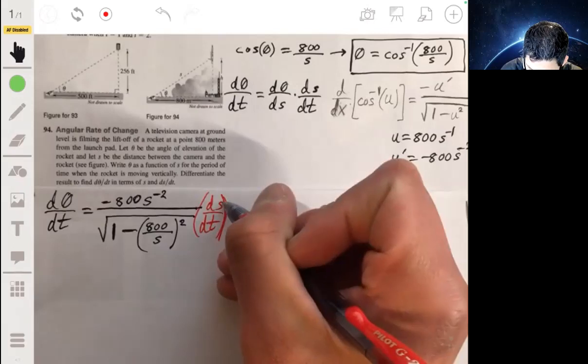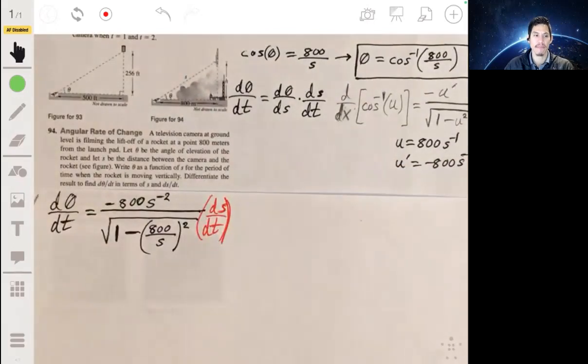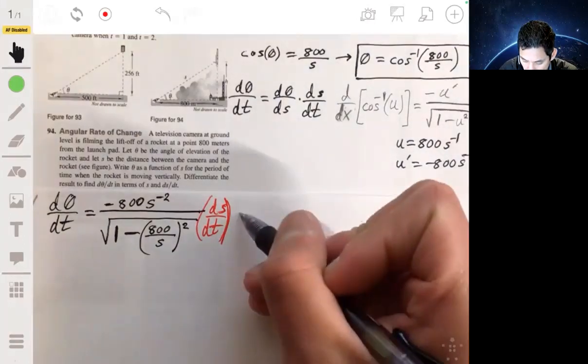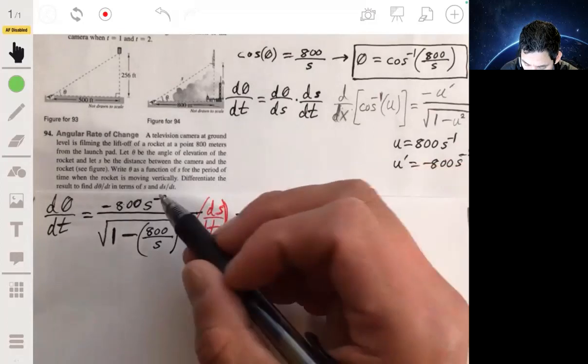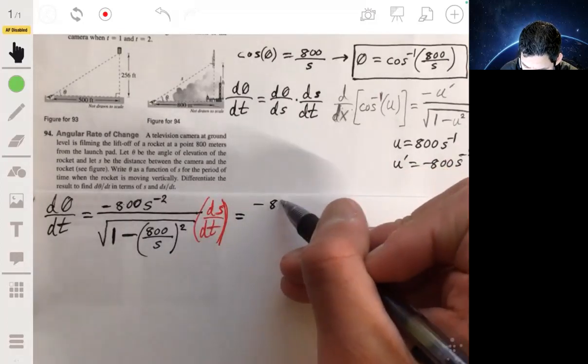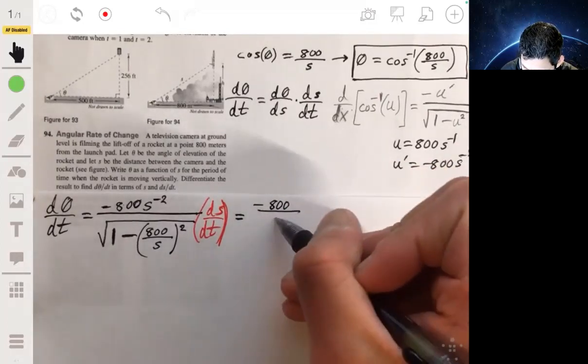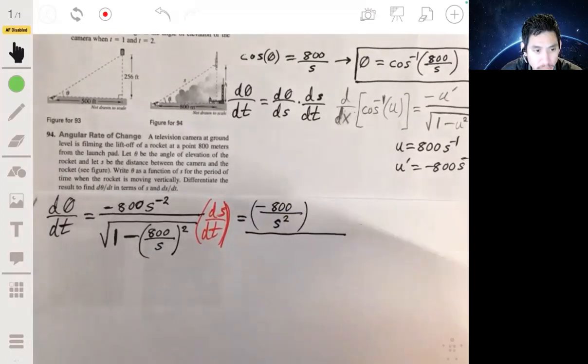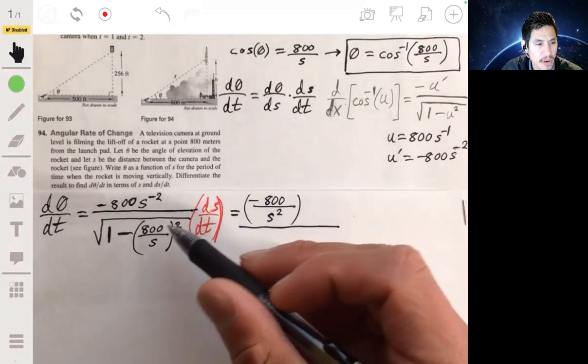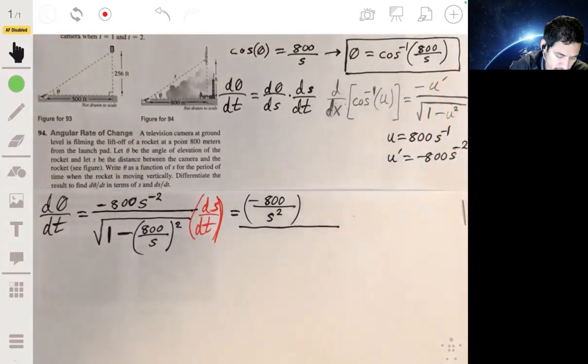Which we're not going to be given. We're just going to leave our final answer multiplied by that. But let's clean this up a little bit. So this is the same as negative 800 over s squared, all over 1 minus, I believe 800 squared will be 640,000.